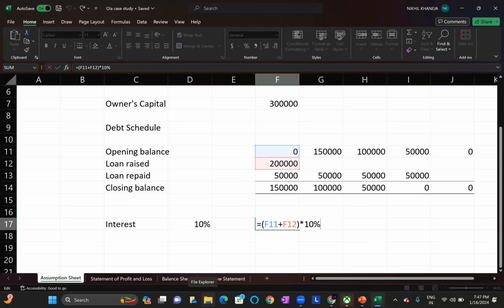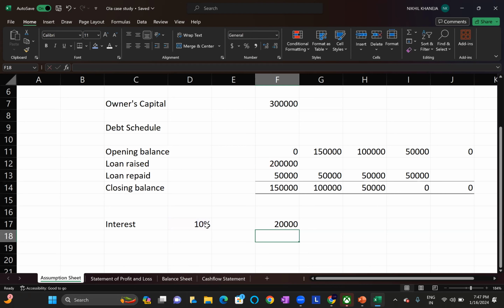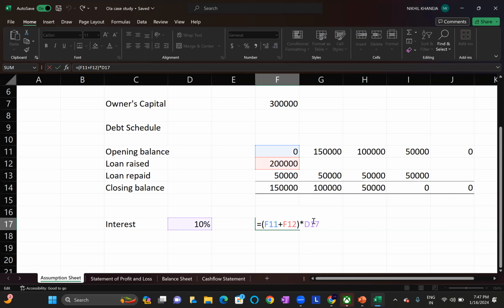Now, what you will see here, I provided rate of interest 10% manually. What I can do, I can just link it from here. And I need to keep this D17 with $ sign, F4. I pressed F4. So it is now frozen.